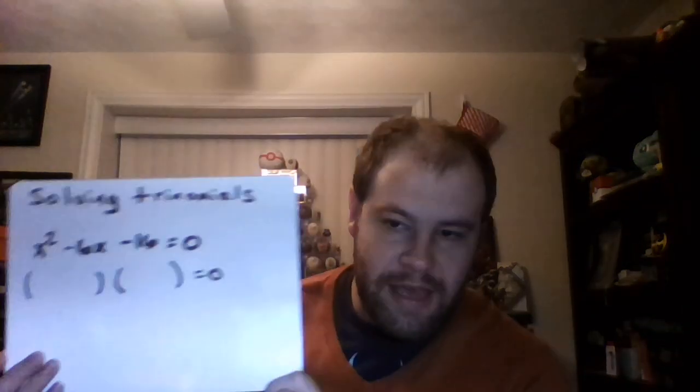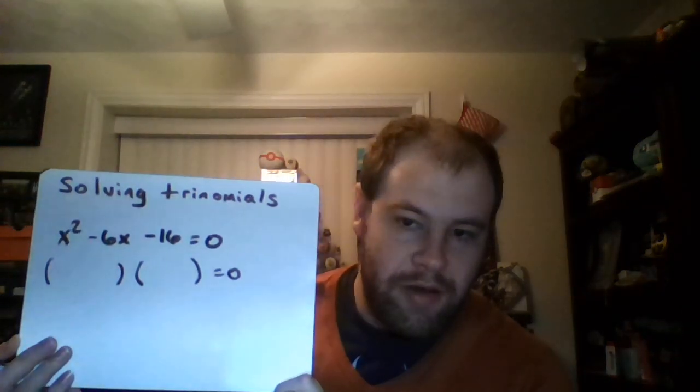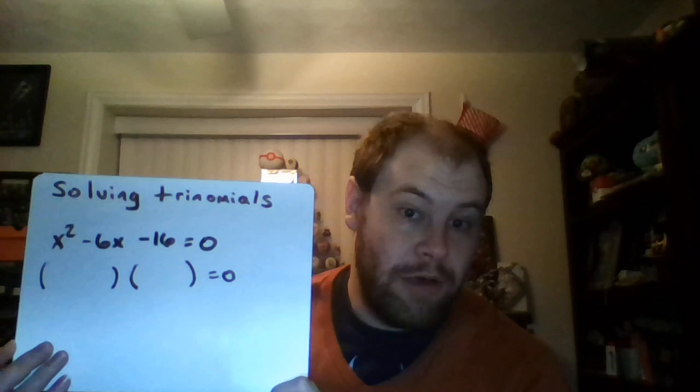Just like we were doing before, we're going to set up our equation like this. We're going to have our parentheses, and it's just going to be set equal to 0. So if we factor this, our back number was 16. So we've got 1 and 16, 2 and 8, and 4 and 4 as factors.